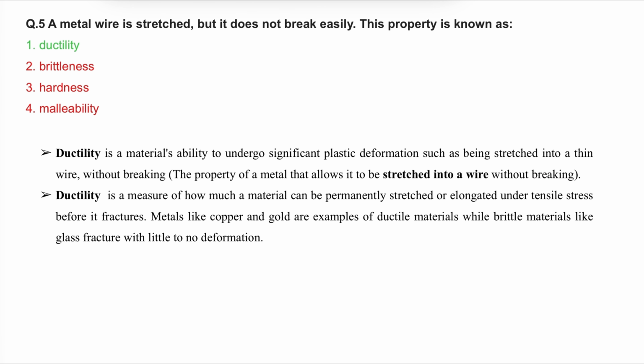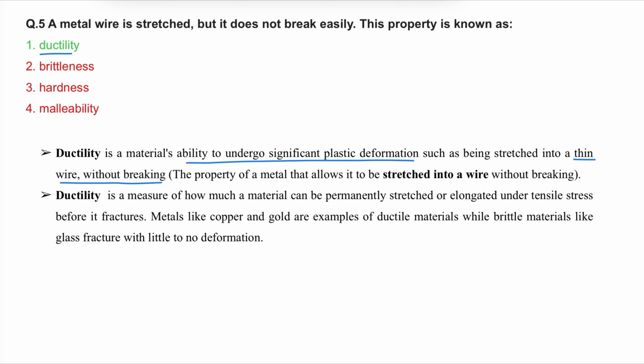Question number 5. A metal wire is stretched but it does not break easily. This property is known as ductility. Ductility is a material's ability to undergo significant plastic deformation, such as being stretched into a thin wire without breaking.